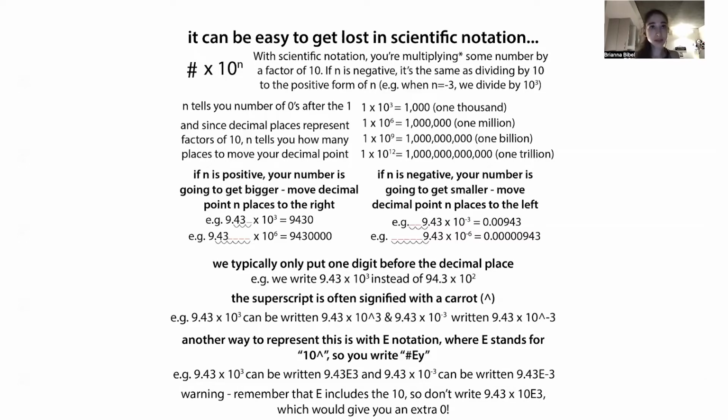But this can make it confusing when you're trying to do these unit conversions. So say you had a number that was 94.3 times 10 to the third. Well, that would be like 1,000, like a kilo, right?